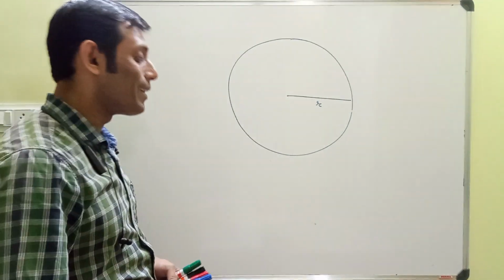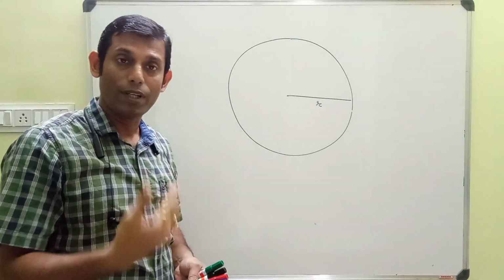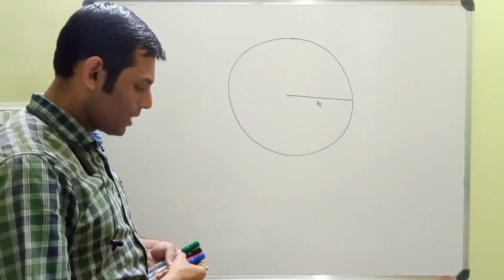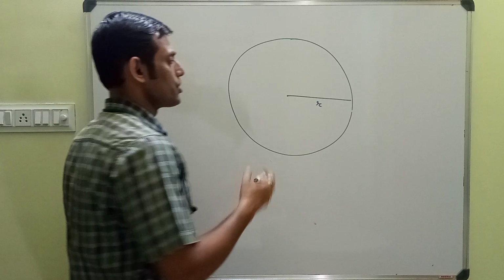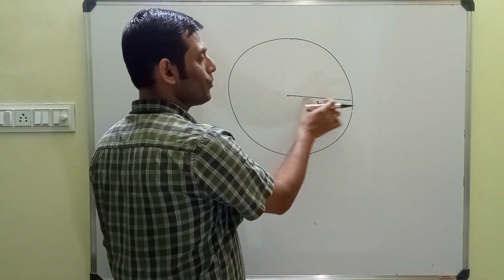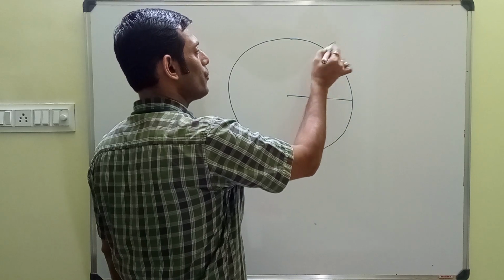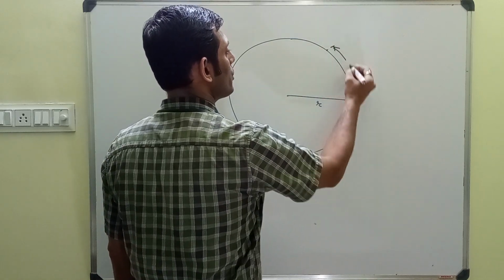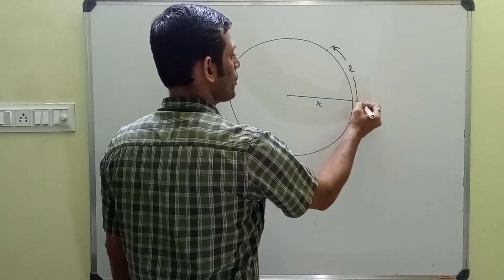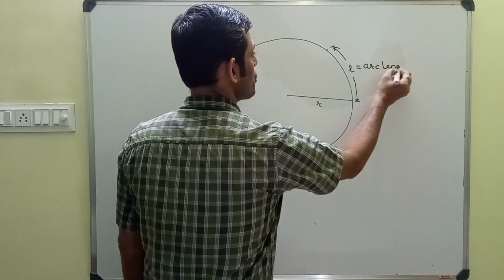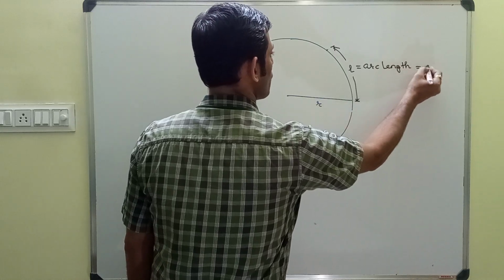Now here began the idea of 60 degrees, 360 degrees, and a basic idea comes up in standard measurements. Let's say I take this length of the thread and move it along the arc of the circle, and I get this particular arc length, and let's say that is equal to r.